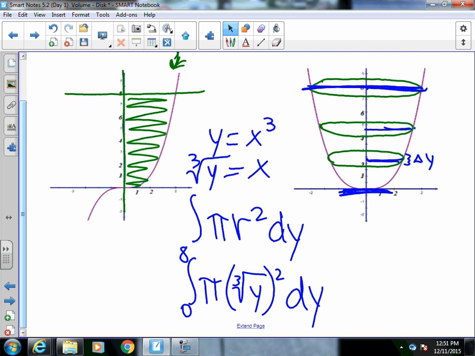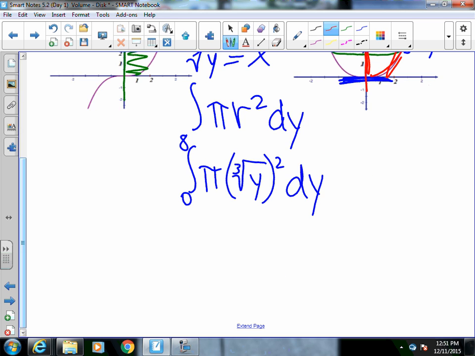In all situations, no matter where you draw the radius, it's the cube root of y minus 0, which is the cube root of y. So if we go on to solve this, 0 to 8, I'm going to move my pi out front. The constant can be moved out front. We get y to the 2/3 dy.